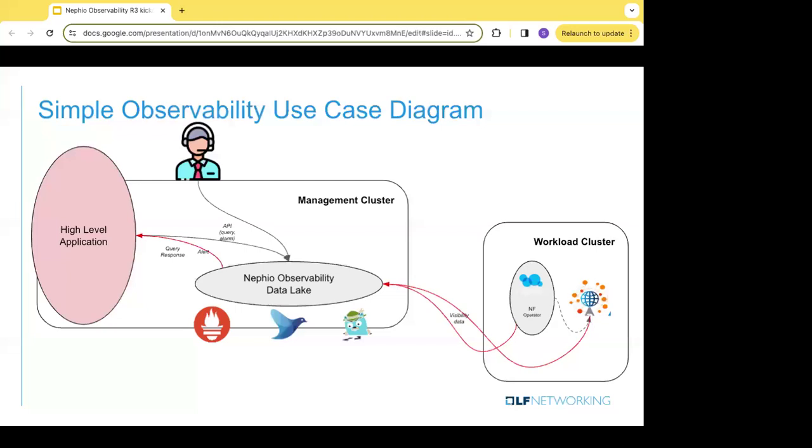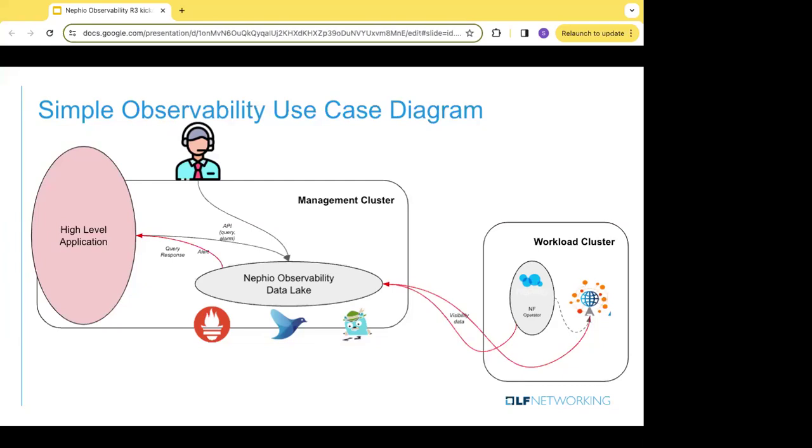You specified that the high-level application is consuming the data lake. Similarly, I suggest we should have some low-level application consuming data from the data lake in the workload cluster. So that arrow, if we can define it here also.